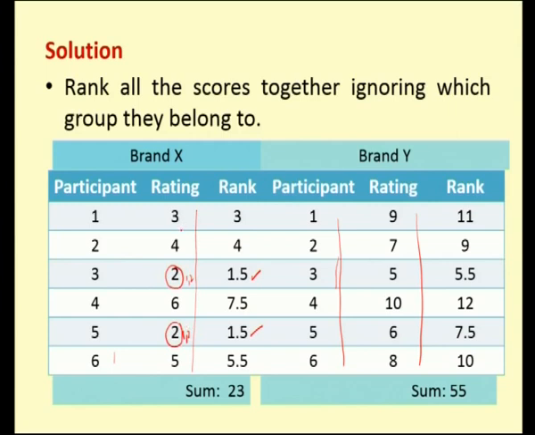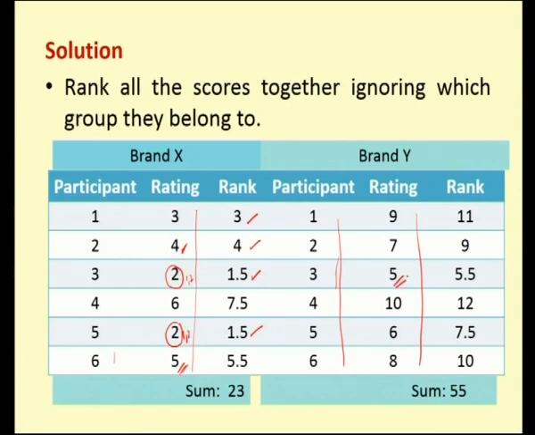Next I go for the next value, 3. Check whether any 3 is there in brand Y. For 3, the rank is 3. Similarly, for the next observation, rating 4, 4 is not there in brand Y. Next, observation 5: in brand X there is one 5 and in brand Y another 5.